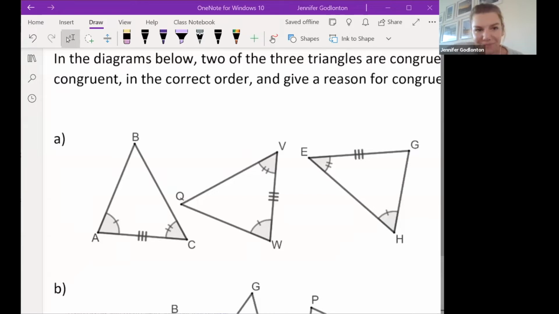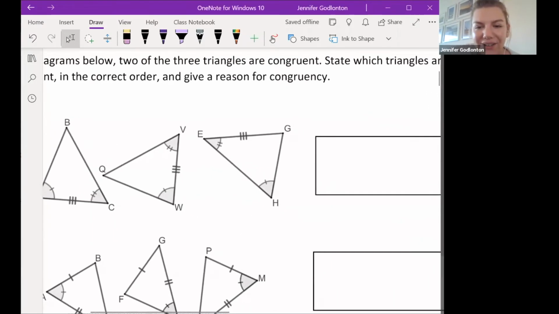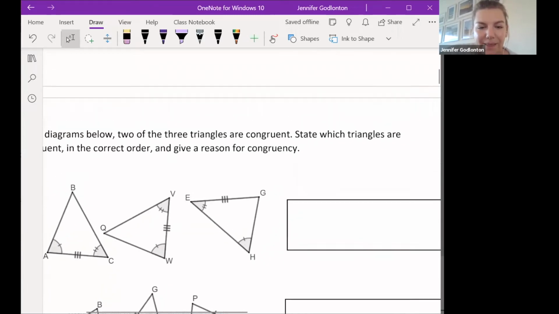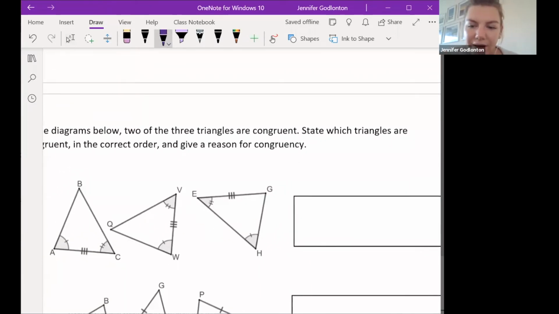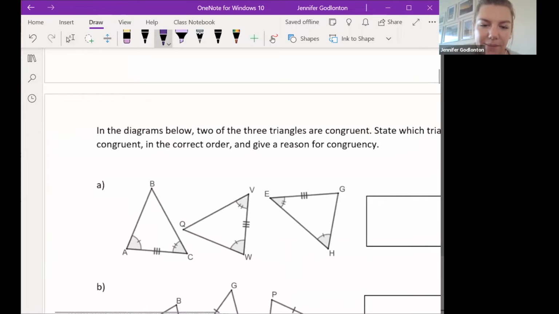Okay. Yes, tell me what my two triangles would be. Triangle BCA and triangle QVW. Okay, so triangle BCA and triangle QVW. What would my reason be? SAA.